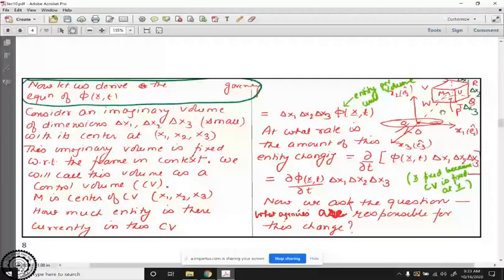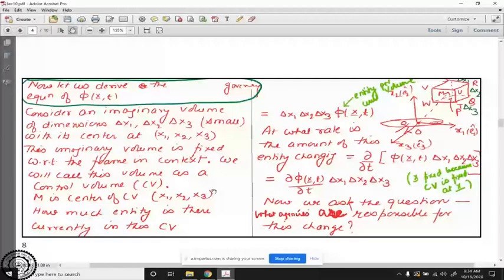In reality, it's the fluid particles which are crossing, so we can talk about everything associated with a fluid particle as crossing: mass, momentum, and energy.